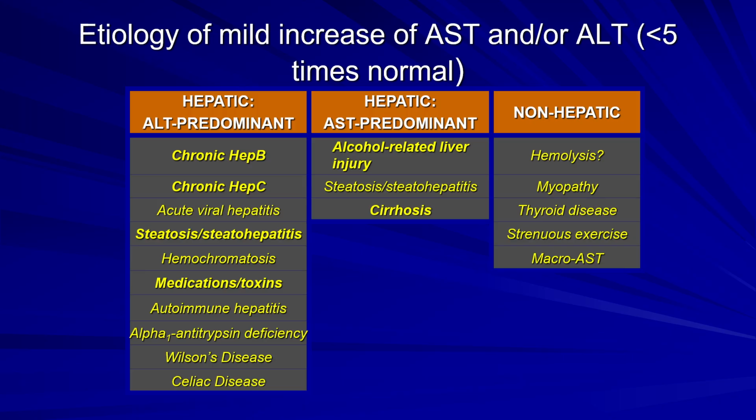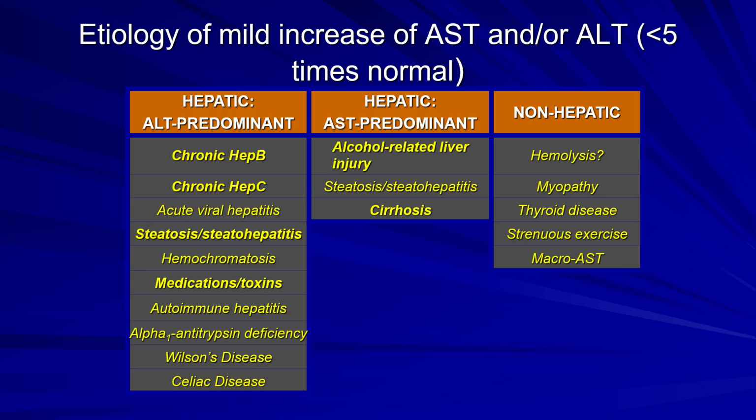A large number of medications can cause liver injury, and I will be discussing this in 2 separate slides later on. If the increase is AST predominant, that is SGOT predominant, then you have to think of alcohol-related liver injury as well as steatohepatitis, and liver cirrhosis.